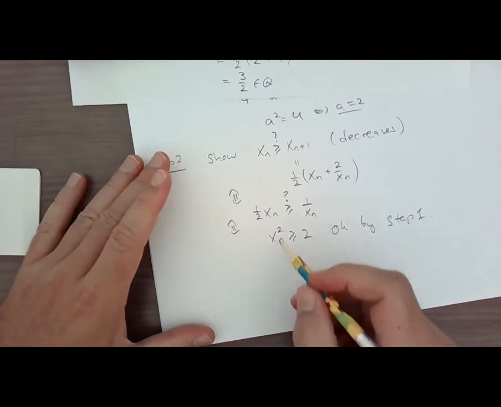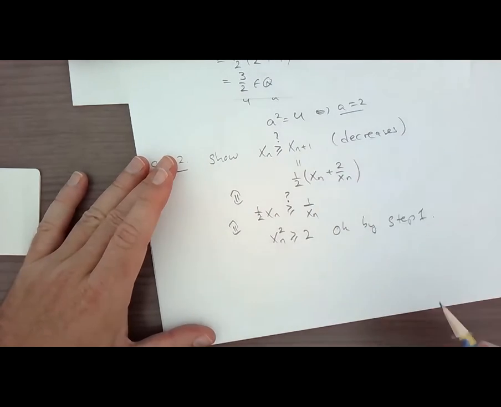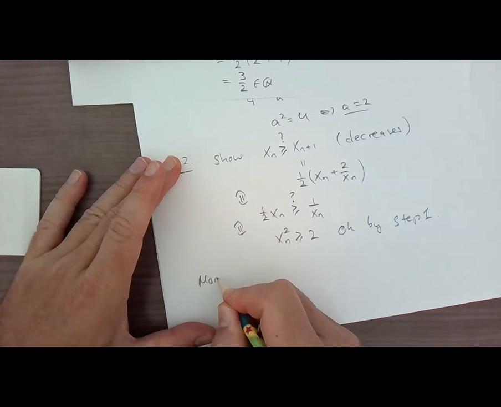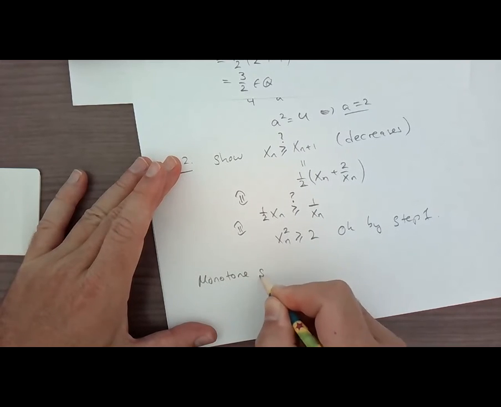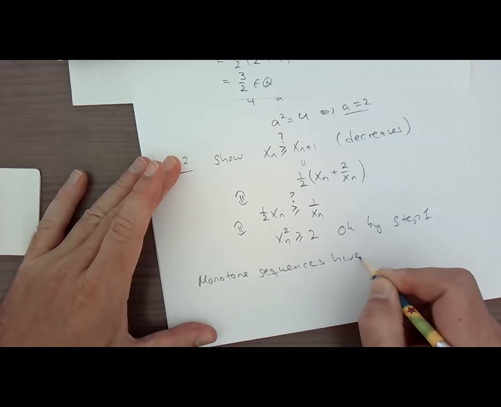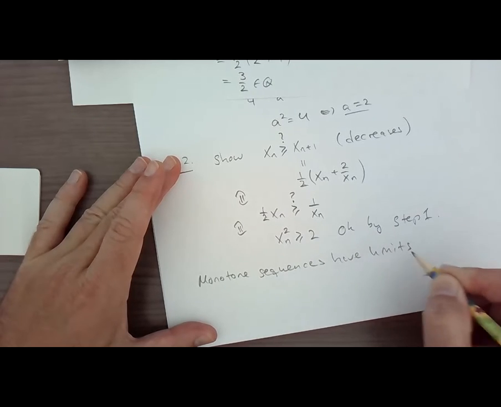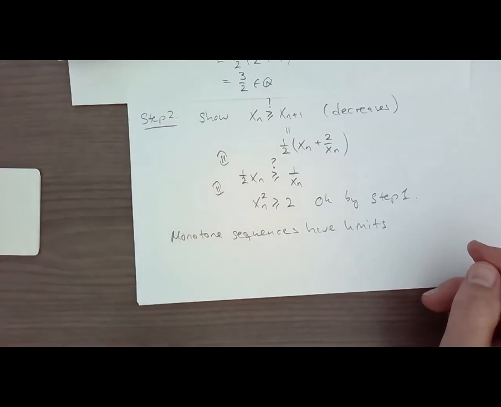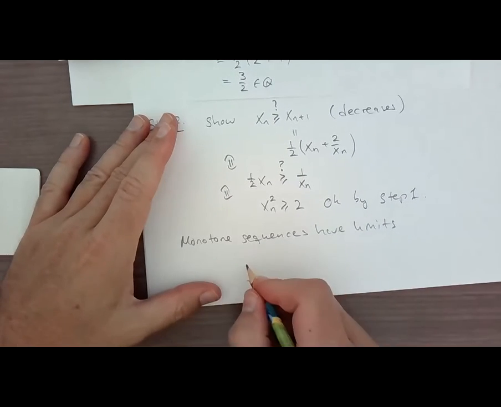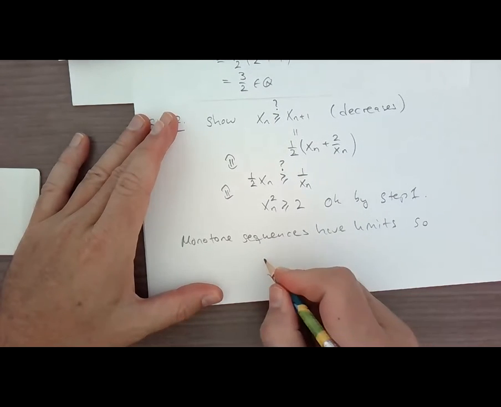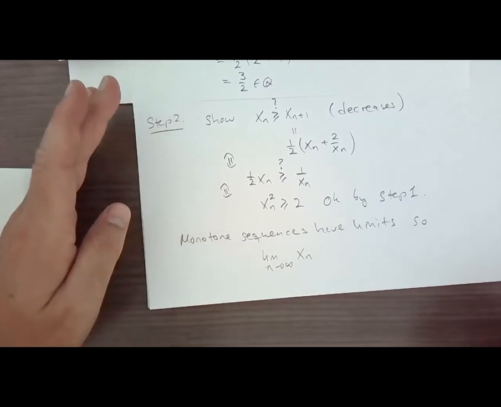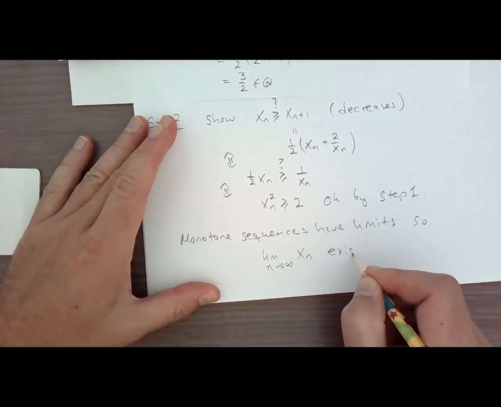So monotone decreasing sequences have limits. We proved that as soon as you have monotonicity, you're going to have a limit. So this limit here, as n goes to infinity of xn, it exists.